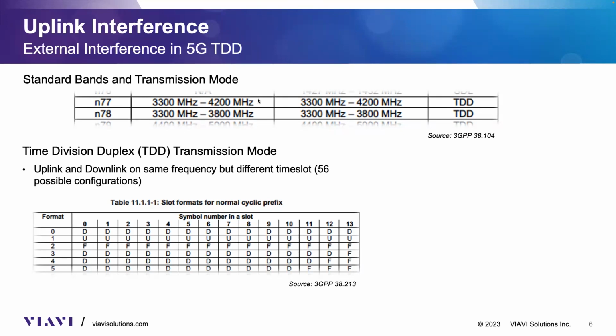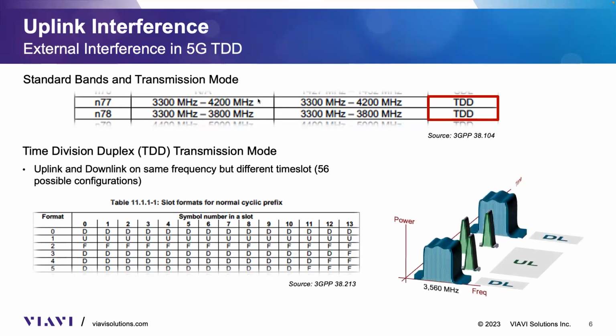And that's very different from before with FDD, because in FDD we have a clear distinction between uplink and downlink since they are in different frequencies. In the case of time division duplex, or TDD, the downlink and the uplink are transmitted at the same frequency but at different times.